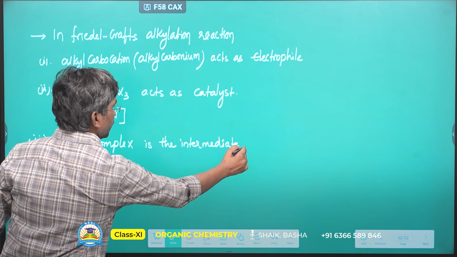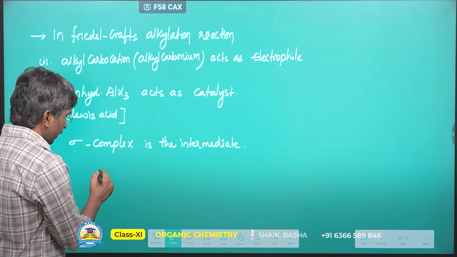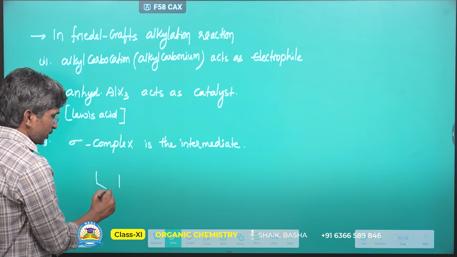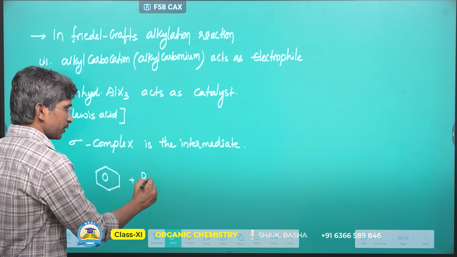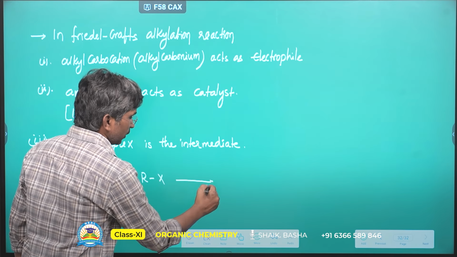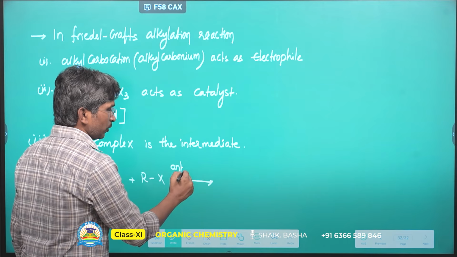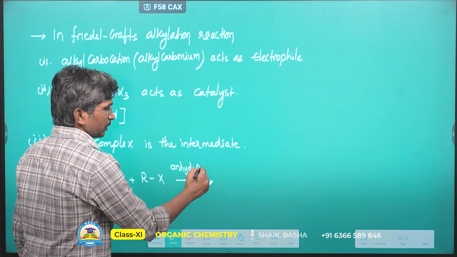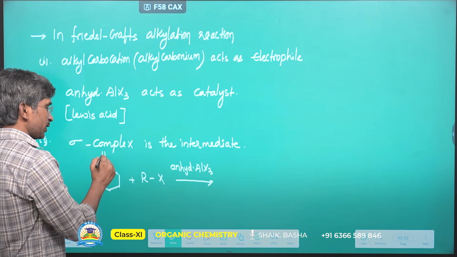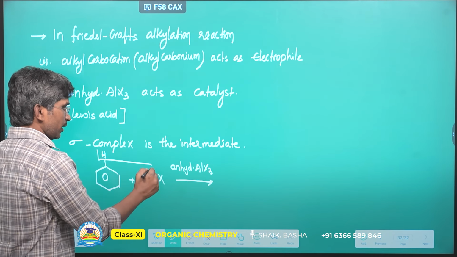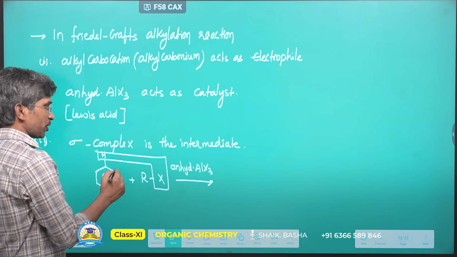So once again we can write the reaction. For example, benzene on treating with RX in the presence of anhydrous Lewis acid AlX3. So what happens here? Here also hydrogen is there, everywhere we can take. H is replaced by the R group.